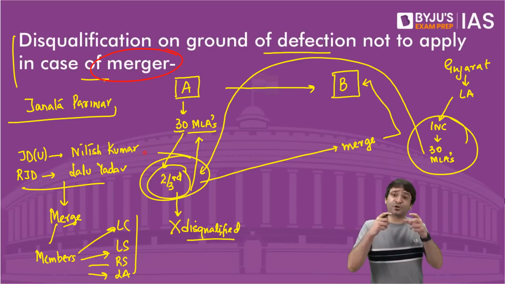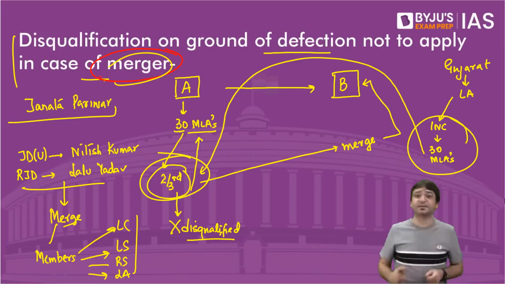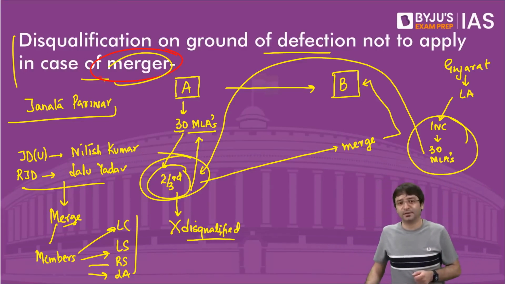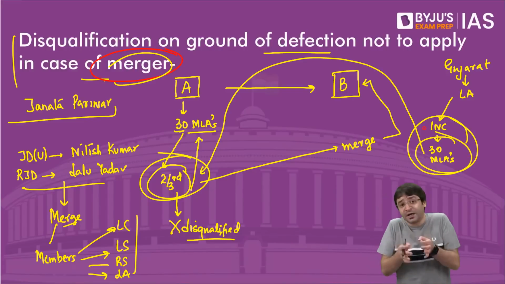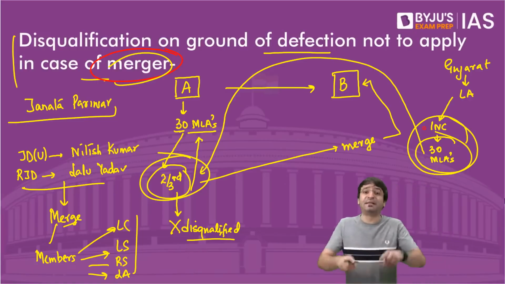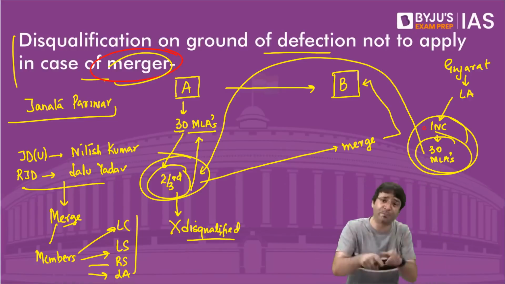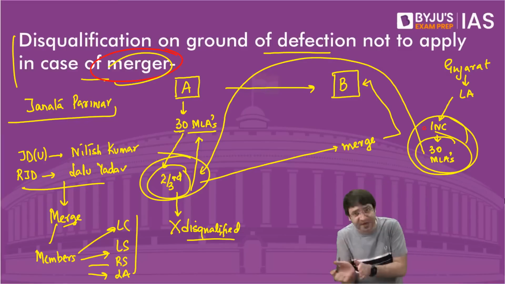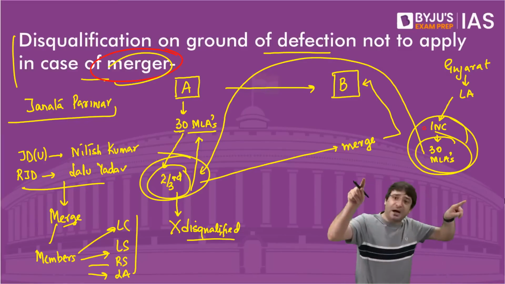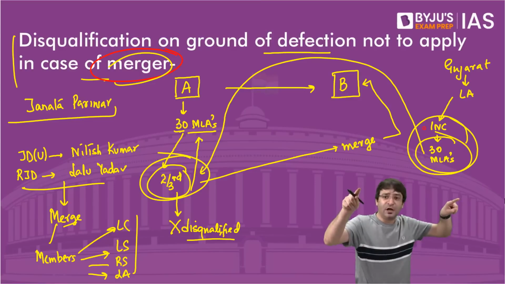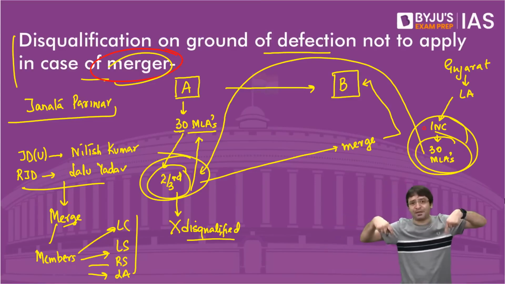That means the merger should be of political parties. If, for example, two-thirds of Congress MLAs in the Gujarat Legislative Assembly decide to join the BJP, they will be disqualified. They should be disqualified because it is defection, it is not merger. If the political parties would have merged, what will happen to their MLAs, MPs?